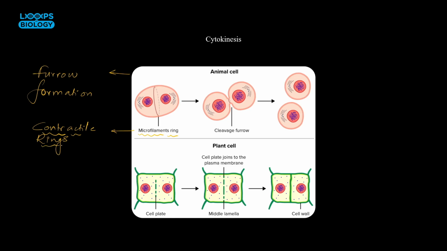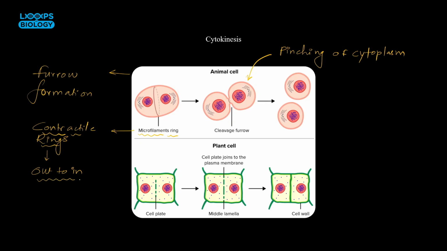And these rings are basically moving from outward to inward as a pinch of this particular cytoplasm is taken off. So it is basically pinching off cytoplasm where rings are moving from out to in.